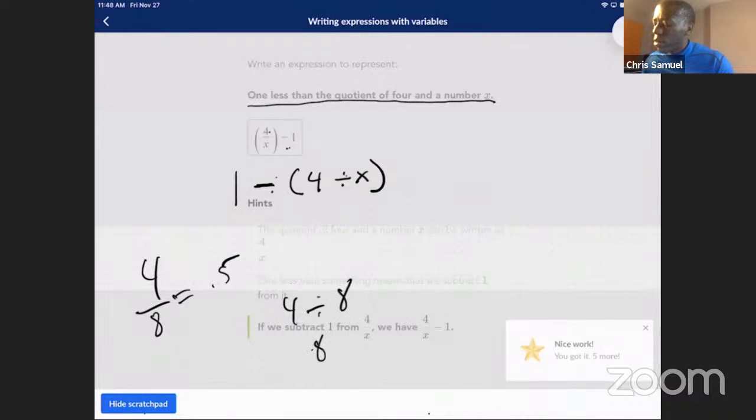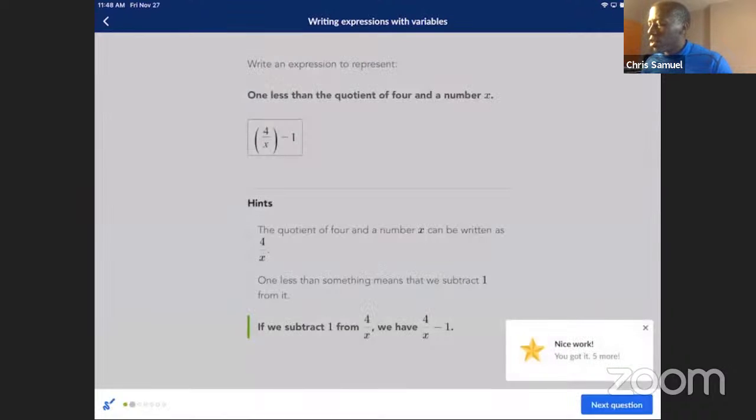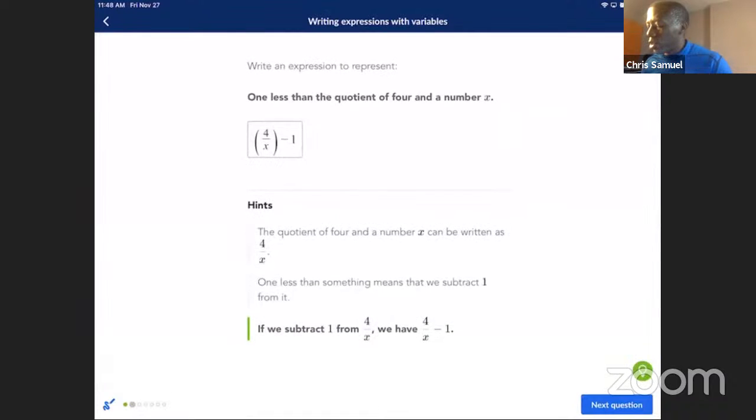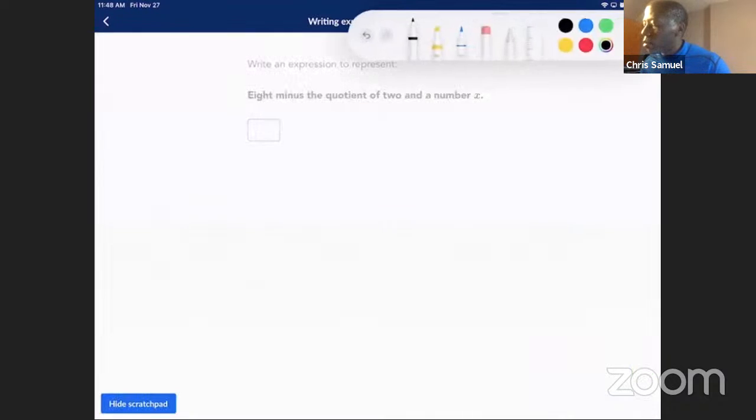It would be 8 divided by 4. So basically 4 over 8 would get you 0.5 and minus 1, which would get us negative 0.5. Yeah, I guess this is sort of right, but I should be able to write this expression this way too. But I guess they're not trying to give that expression here. So I'm not going to dwell on that. That's a question I need to talk about in another video.